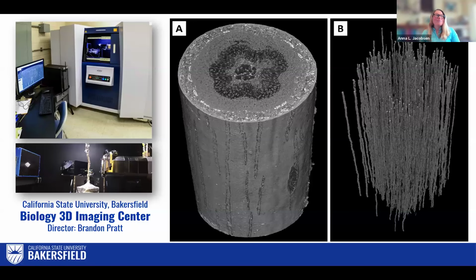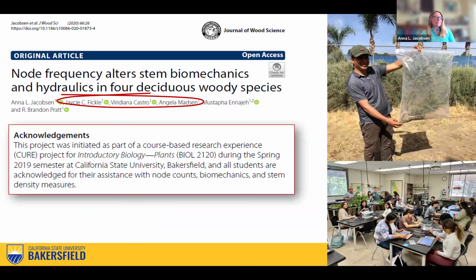All right. So for this next example, this is a paper where we had a lot going on. We did a project that was done as part of a CURE, a course-based undergraduate research experience. This project was part of our introductory biology plants course.